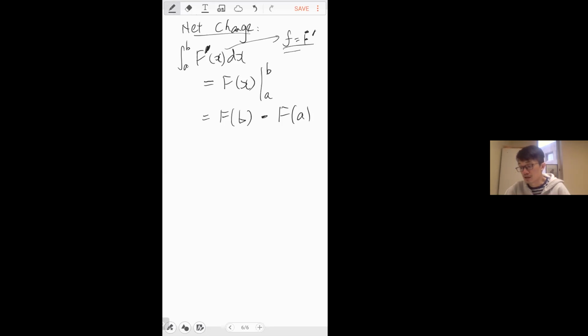In this case, yes. Okay, thank you. So I'm not doing anything fancy here. So I'm just saying that the definite integral of a function is just the antiderivative. But if you're taking the definite integral of a derivative, it would be just the original function.